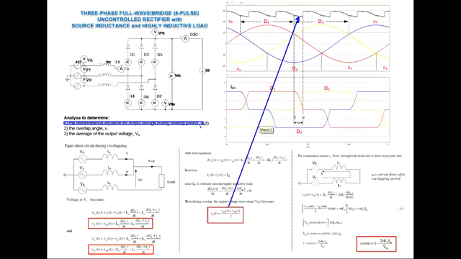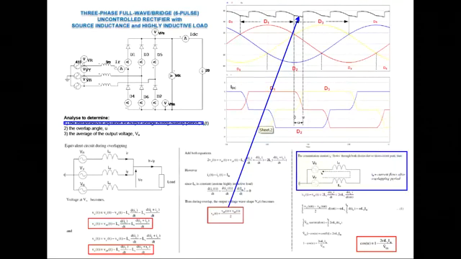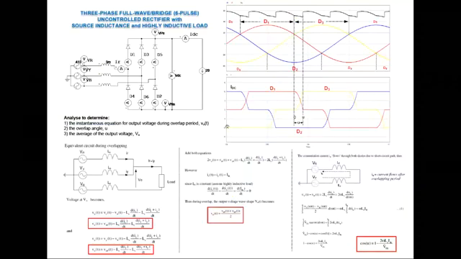Now we're going to look at the overlap angle. What is the equation to describe the overlap angle during that overlap? So to look into that analysis, we now change to that equivalent circuit. We just focus on this particular loop.